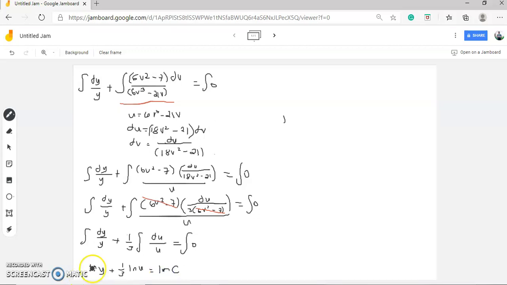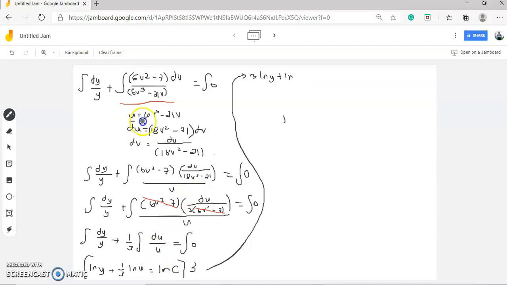Then for us to make it easier, we multiply by 3 so that we will cancel this 1/3. So from here you have 3 ln of y plus 3 times 1/3, that is 1. So wala na siya. ln. Butang na lang nato dayon yung ang u.